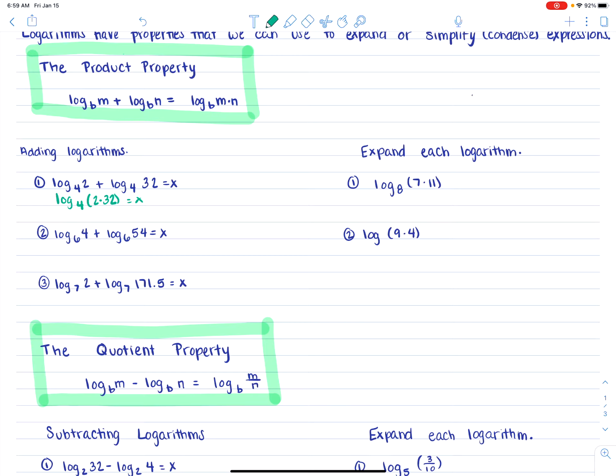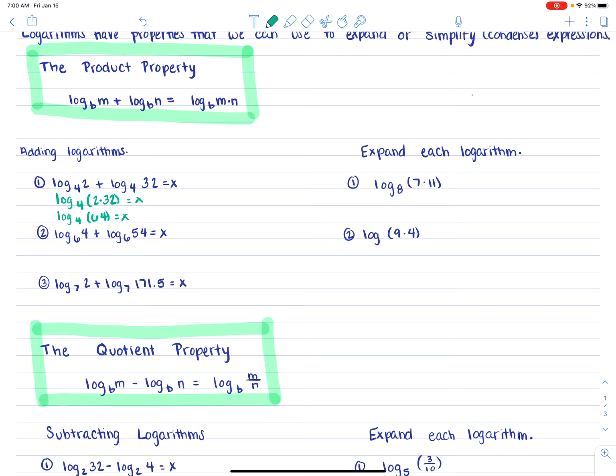And really, that's log base 4 of... 2 times 32 is... I took notes on another piece of paper to make sure I didn't make a mistake, and it was turned the wrong way. Okay, it's 64. Okay, so that's all the property says.